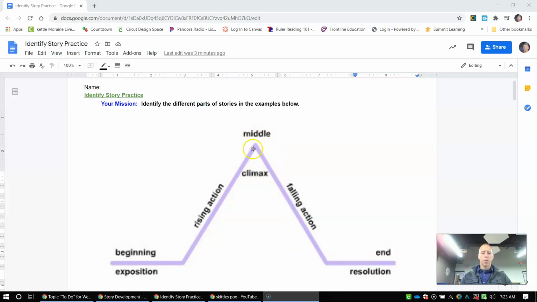After the climax, we have the falling action. If this is a commercial, maybe there are all kinds of problems happening, or a big problem happens and then the person uses the product, and then we see the falling action. The resolution would be how that product actually helps them or changes their life for the better.